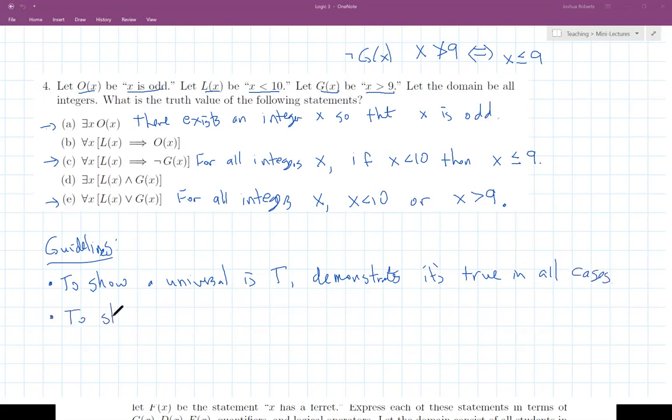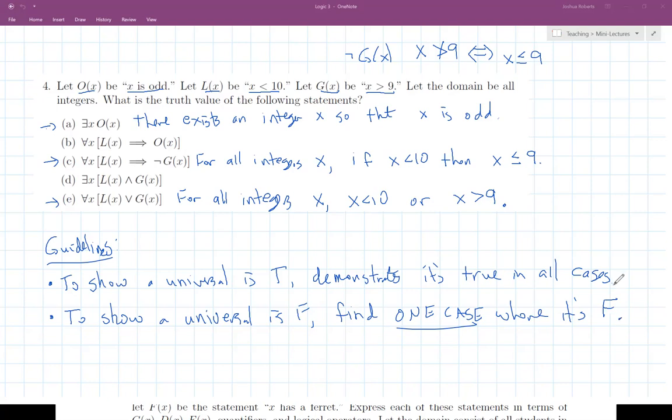To show a universal is false, find one case where it's false. So keep this in mind when you're doing these problems. To show a universal statement is true, you have to demonstrate that it's true for every possible value in your domain. But to show that it's false, you only have to find one counterexample, one case where it's false.